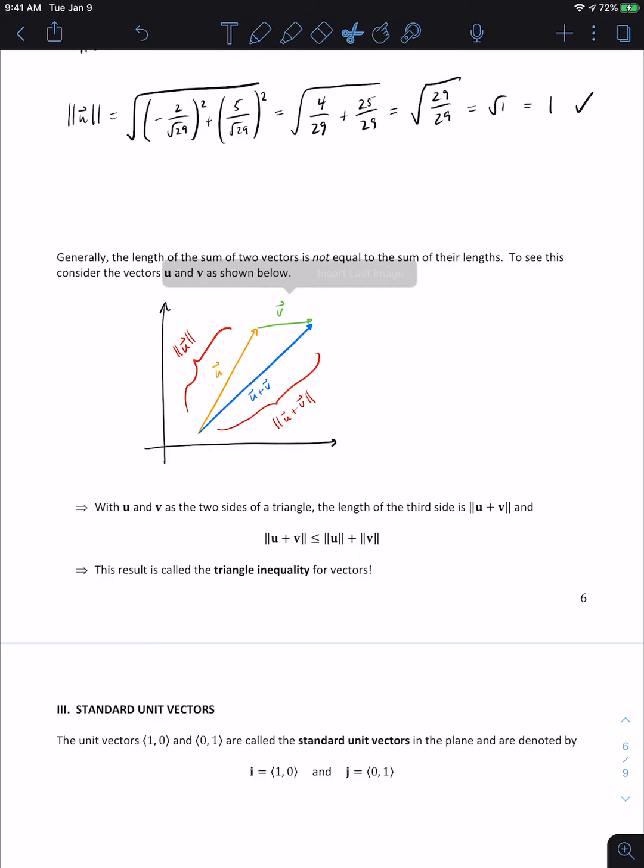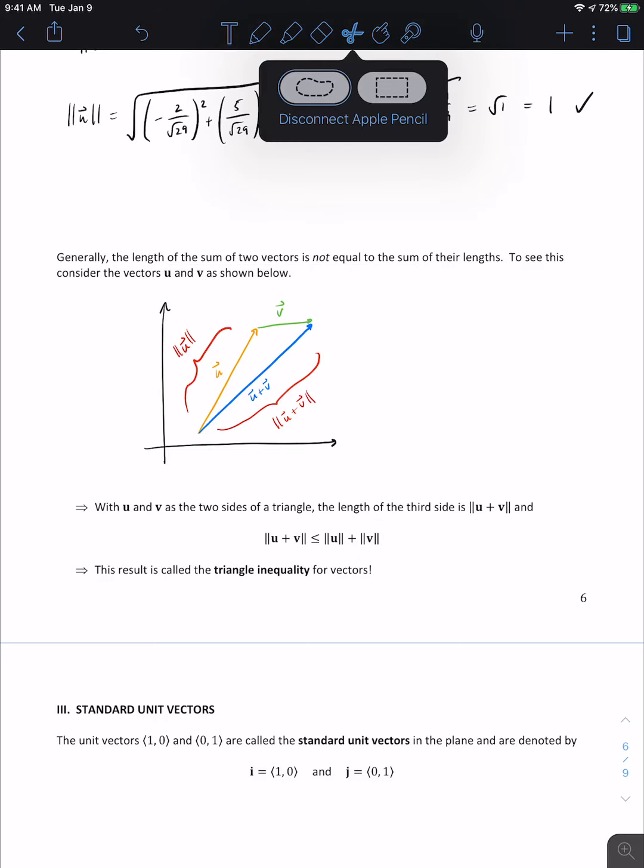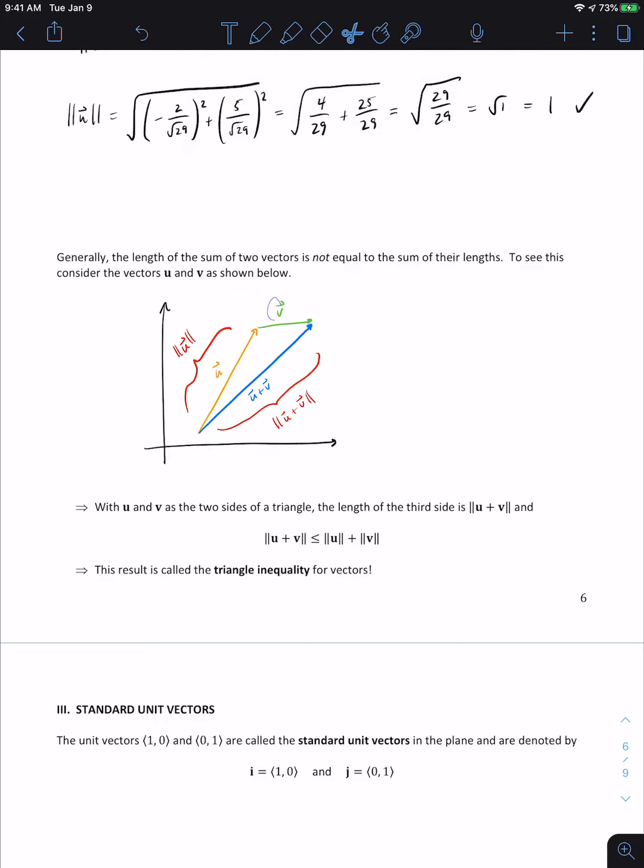Let's put v on here. Okay, we'll squeeze it in here. This is the magnitude of v, right?